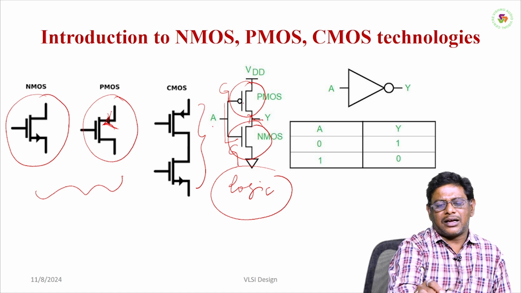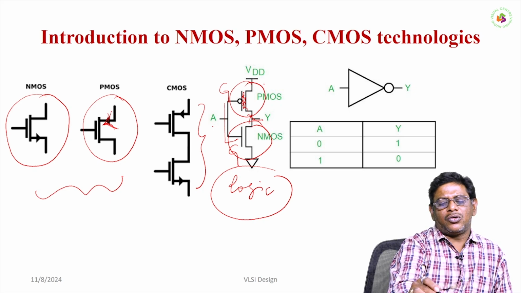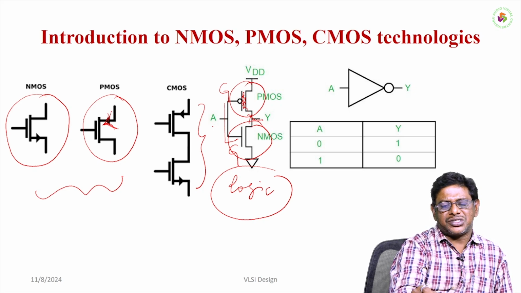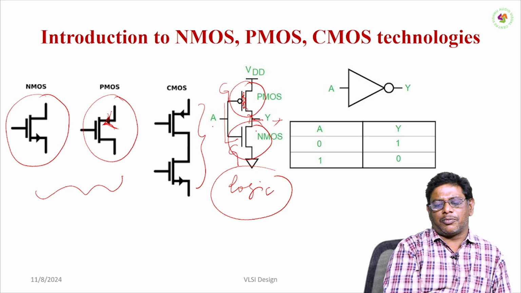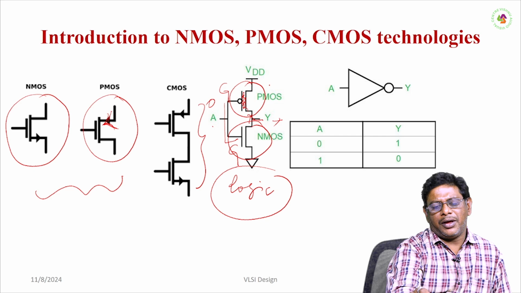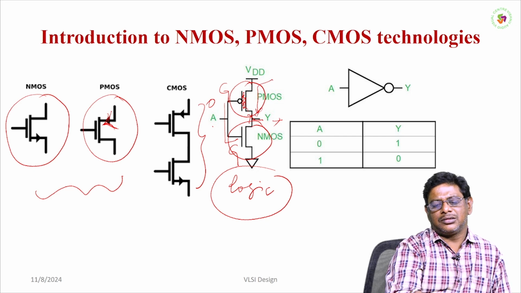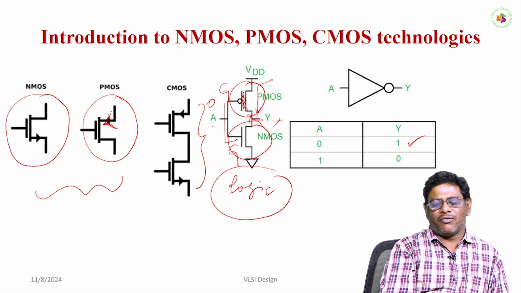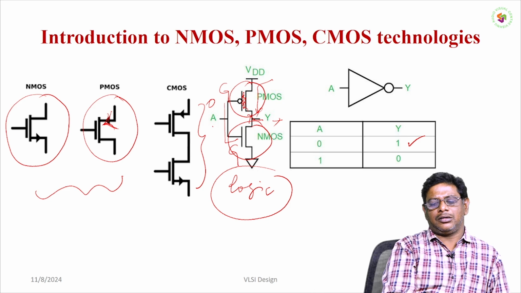There is a channel between gate and the substrate, so this gets filled. Then the voltage that you are applying from VDD passes through, and they will be producing the output. So it means whenever you are applying 0 here, there will be a current conduction across this, then we will be getting an output across Y, which is equal to 1.